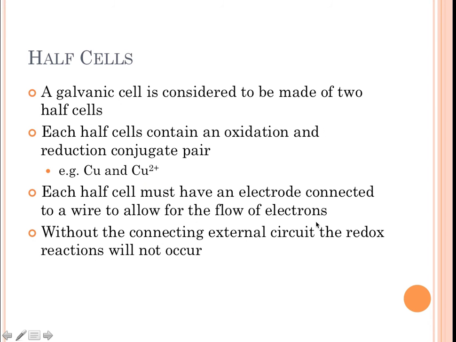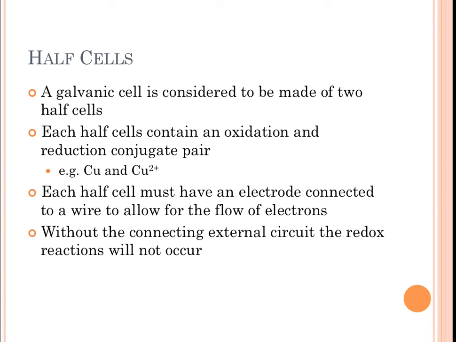Okay. So those two beakers, or in the case of a more commercial cell, the two sort of cells, are made up of two half cells, oxidation and reduction reactions, which are physically separated from each other. Okay. Each half cell has the oxidation and reduction conjugate pair.